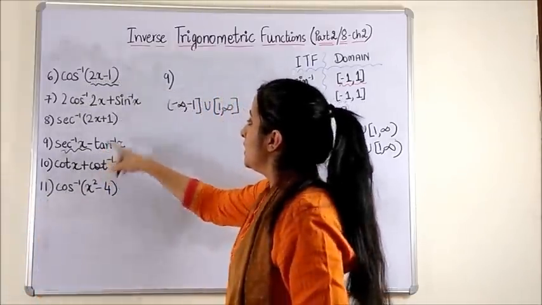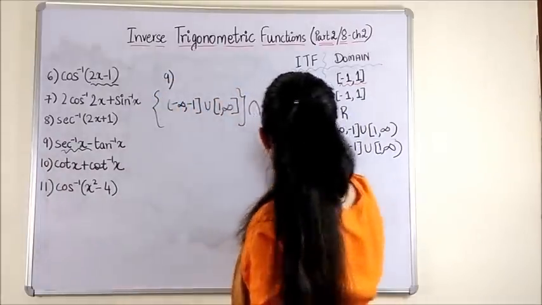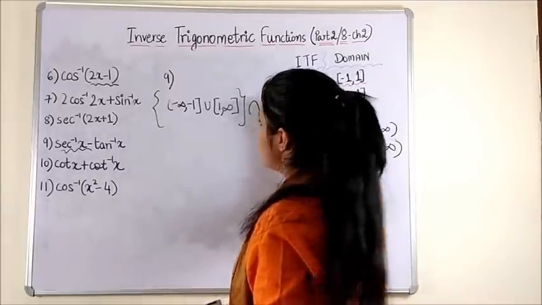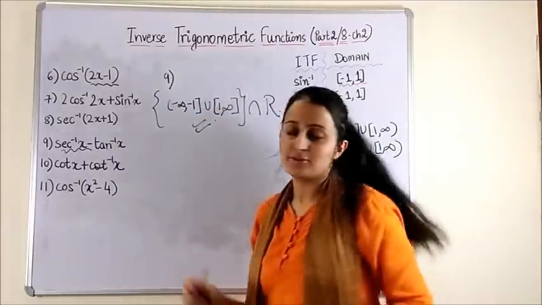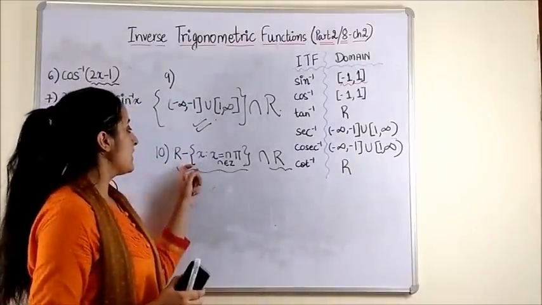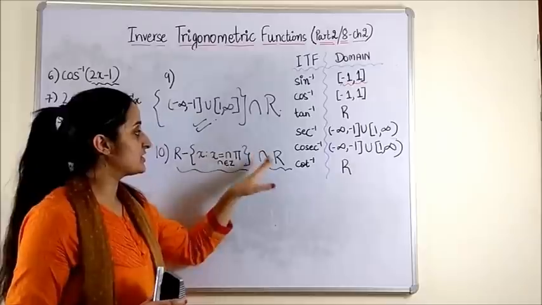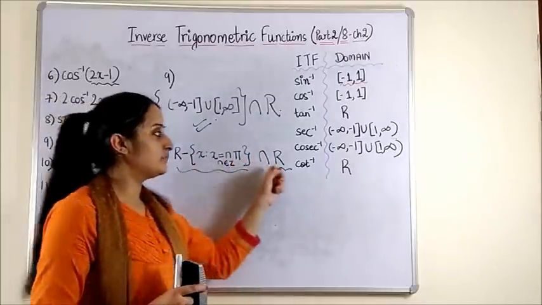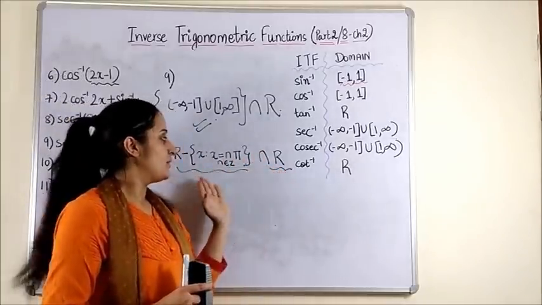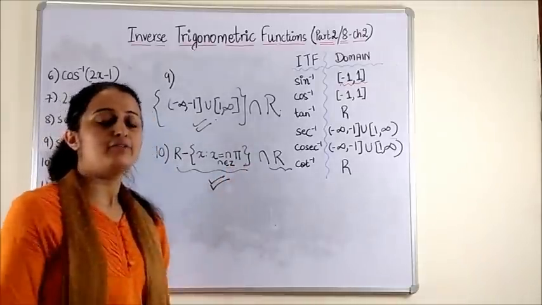And your domain for tan inverse x is simply R. So you know the answer has to be just this. So the domain for cot x is R minus all those n pi where n belongs to the set of integers, intersection the domain of cot inverse x, which is all real numbers. When you take the intersection, you have got your answer.